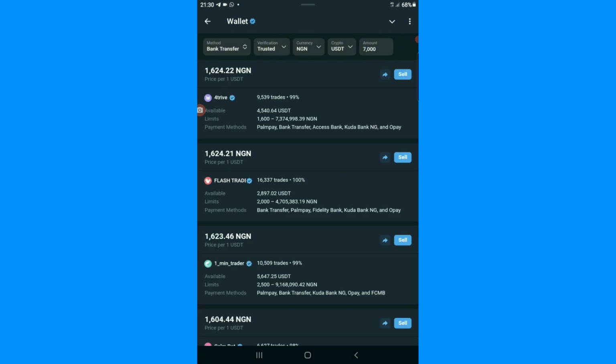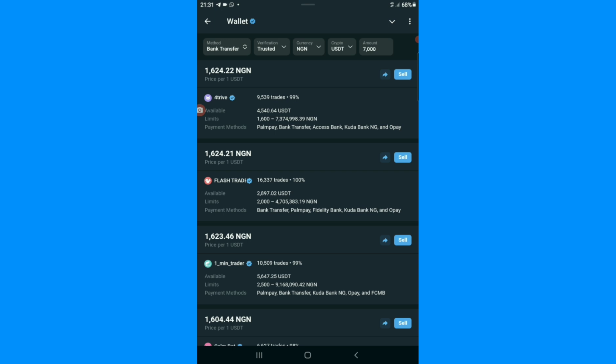Okay, so now these are the number of people or the different traders or buyers that can be able to buy this kind of amount of USDT from me. If you look at their features here, you are going to see that they have availability. The first person here has an available 4,540 USDT, and his limit of selling for Naira is 1,600 to 7,374,988.